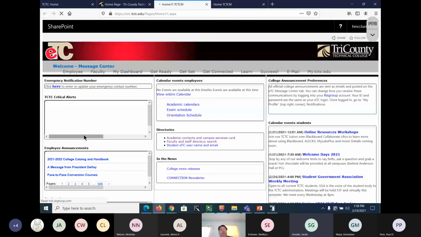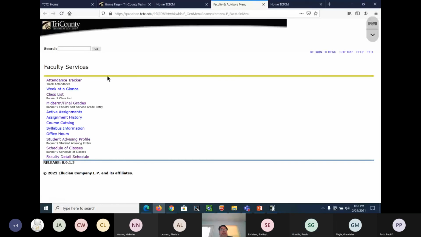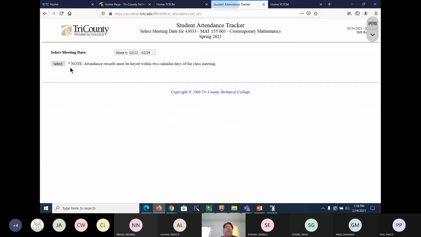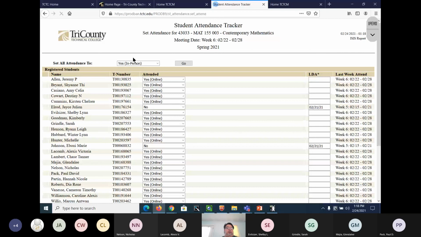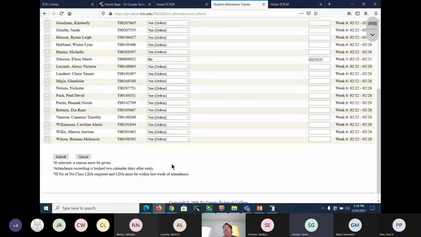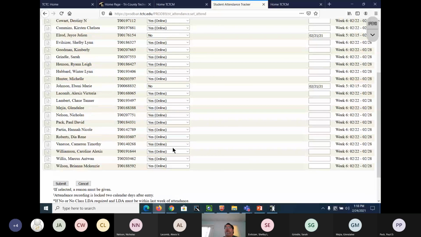Oh, gosh. I feel like sometimes I'm taking 3 steps back whenever I use Tri-County Tech stuff. Does that make sense? 155, set attendance. Yes, I have Goodman. The only ones I don't have are Elrod and Johnson. They ever come in? I don't think Elrod came in, and I don't think Johnson came in.